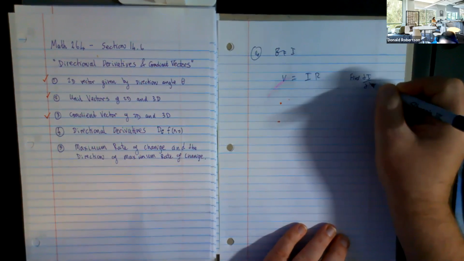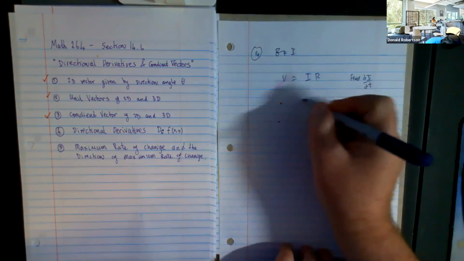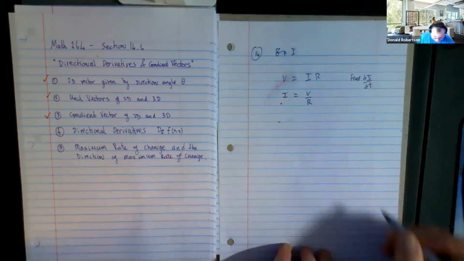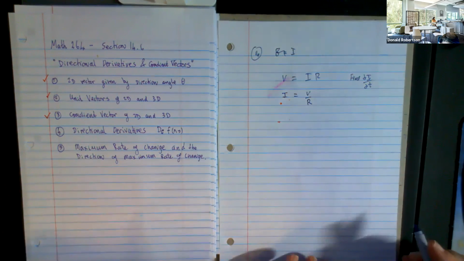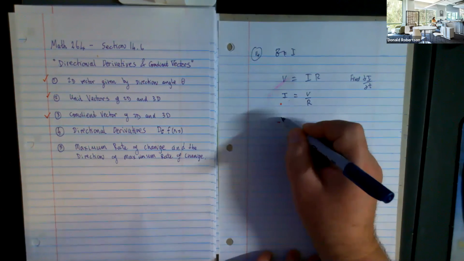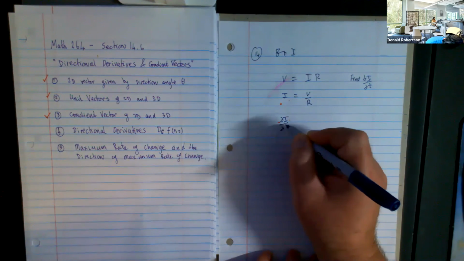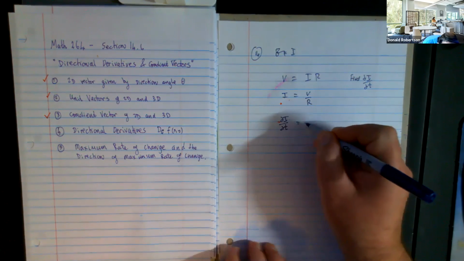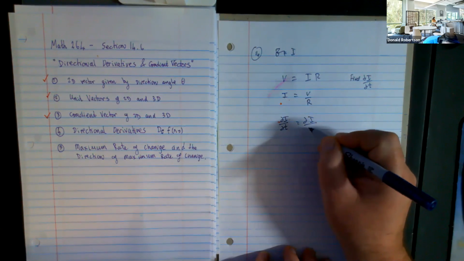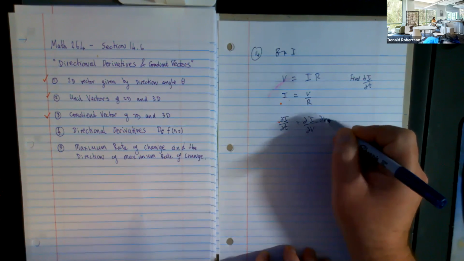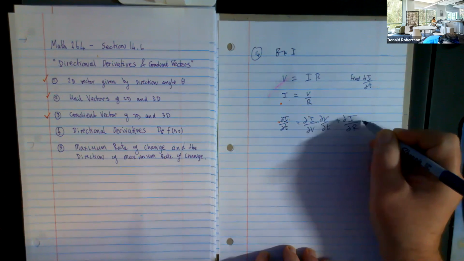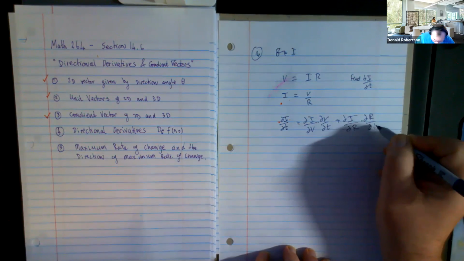So we're being asked to find di by dt. The first thing I'm going to do is change this formula around so it looks like that. Now, how am I going to find that? I'm going to find di/dv times dv/dt plus di/dr times dr/dt. Do you see where the chain rule's kicking in?